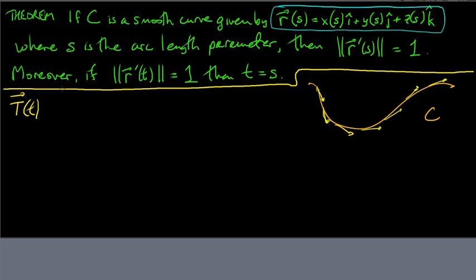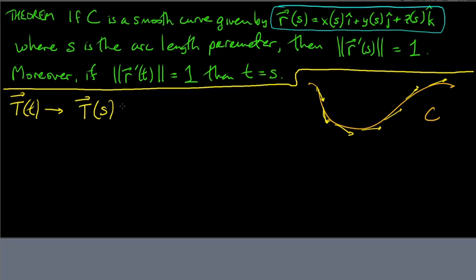We can reparameterize that in terms of s. The advantage is that it doesn't matter how fast we're moving, since we're changing it to a constant speed. Now, as t is changing, remember, T is a unit vector, so it's not changing its length. It's only changing its direction.